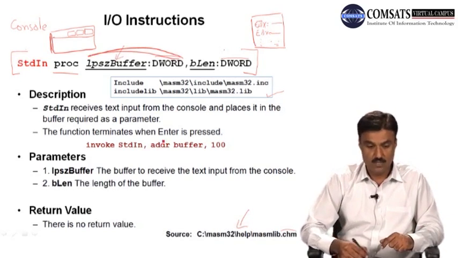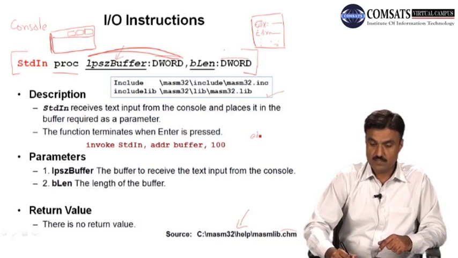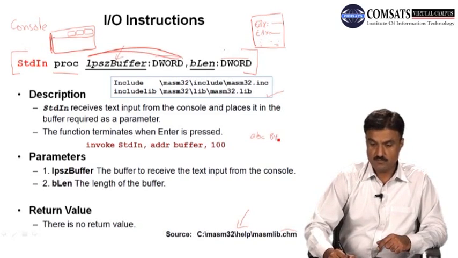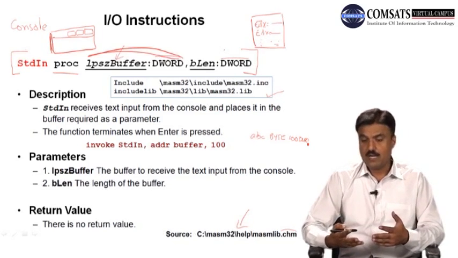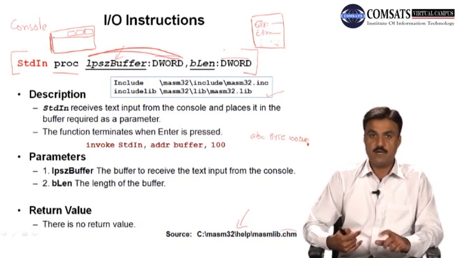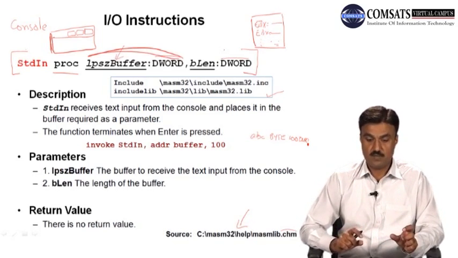For example, here we define ABC as a byte, 100 dup, with nothing assigned. ABC will reserve some area inside the memory, and this reserved area can be used for any purpose.